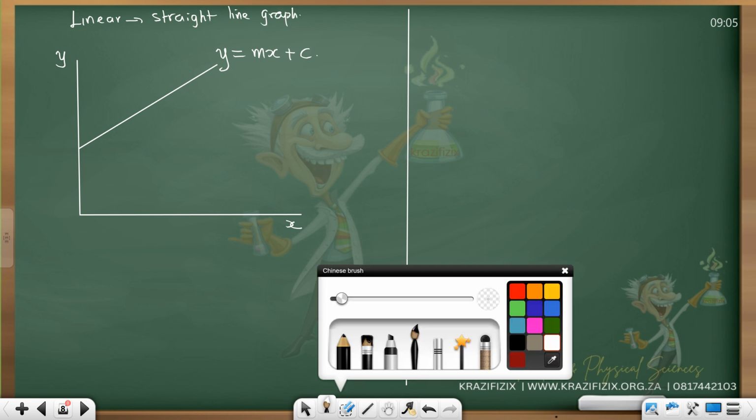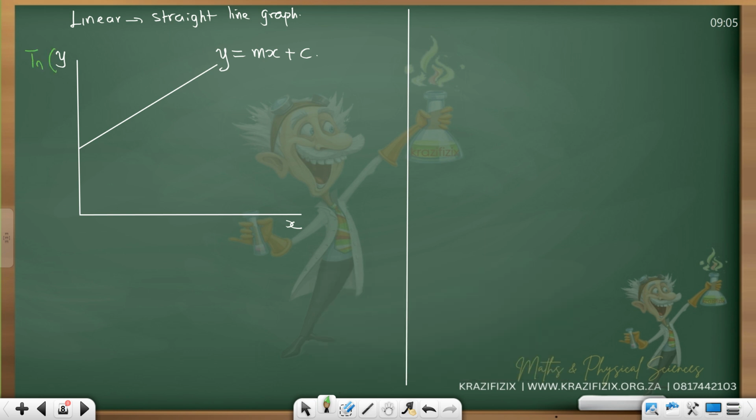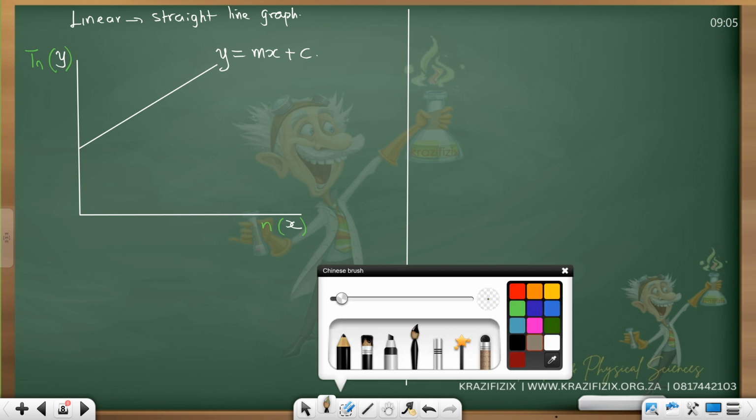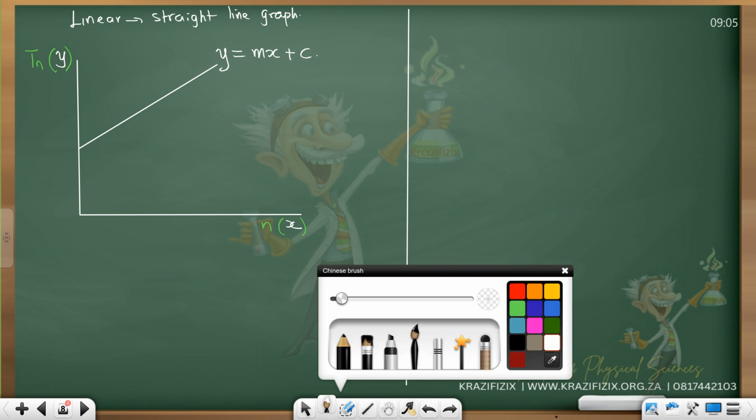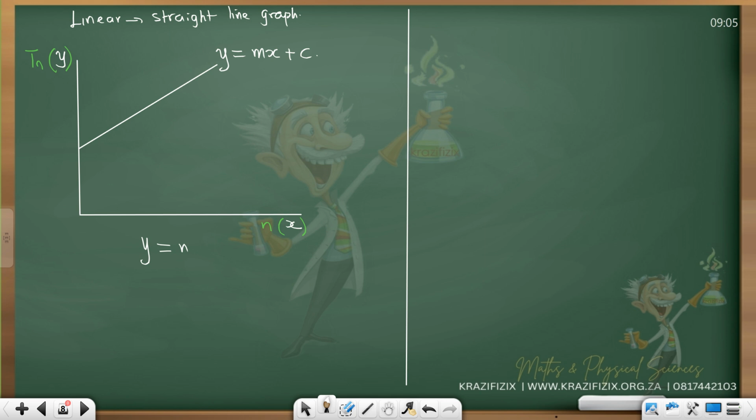So this can be tested with graphs, where your y then becomes Tn, and this becomes your n. Very, very important. Extremely important. Which means, if I come back here and tell you that y is equal to mx plus c, and Tn, oh, beautiful.